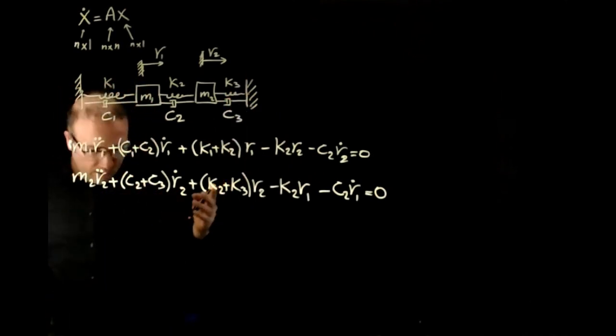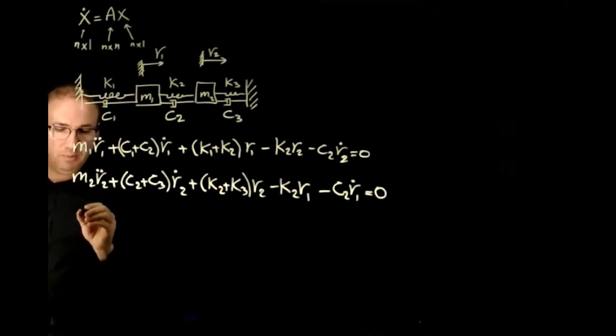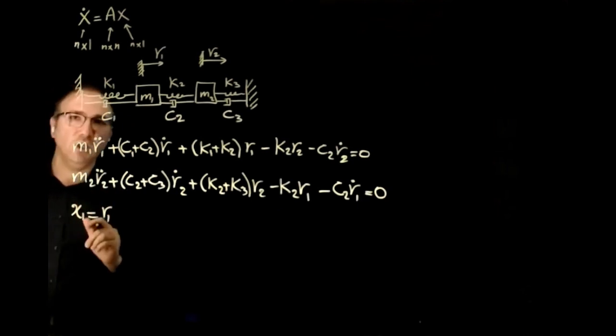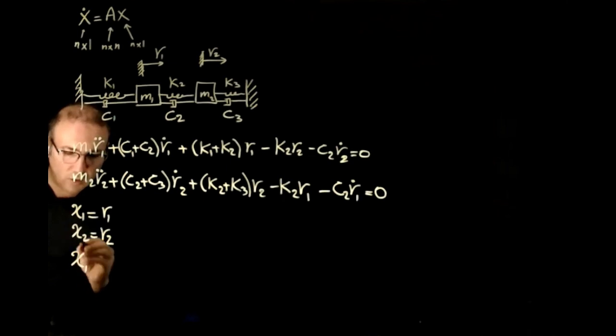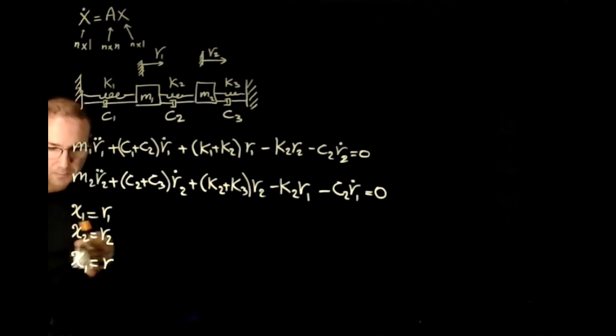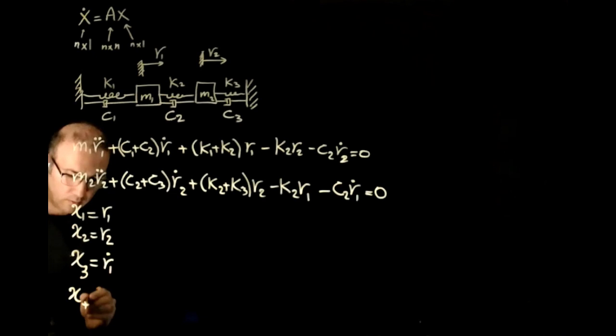So now I can write this in matrix form by using state space representation, meaning that I call x1 as R1. I do a change of variable, and I call x2 as R2. Then I call x3 as R1 dot and x4 as R2 dot.